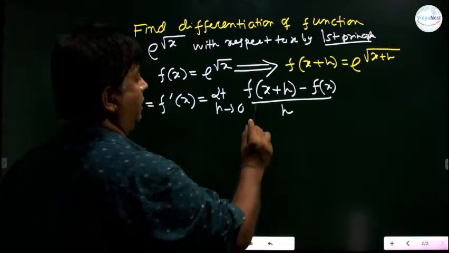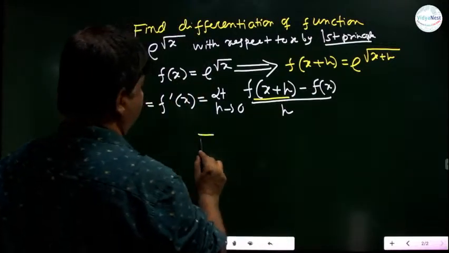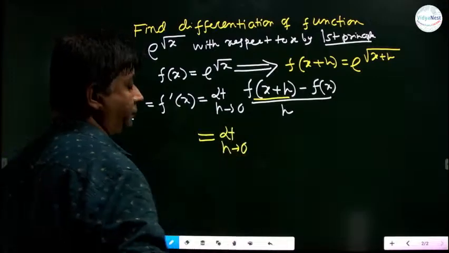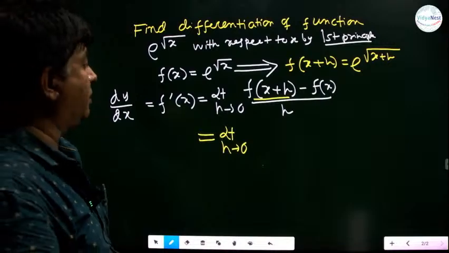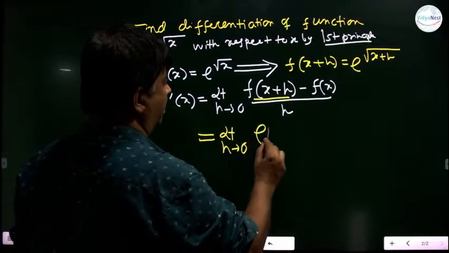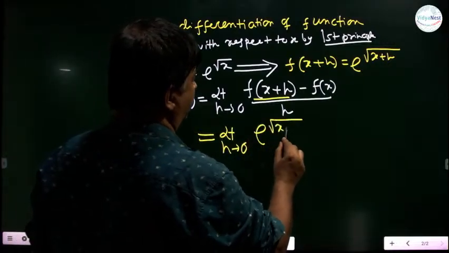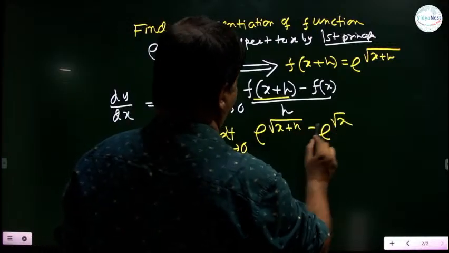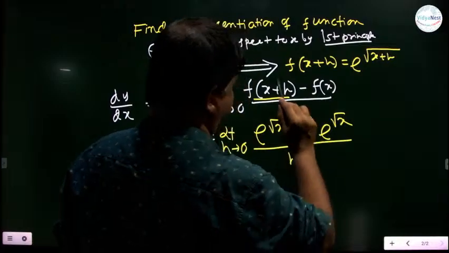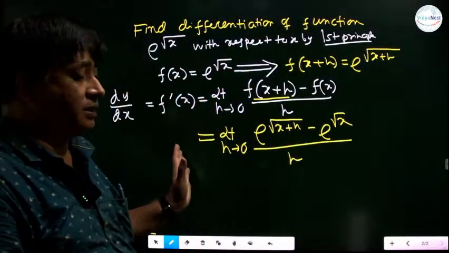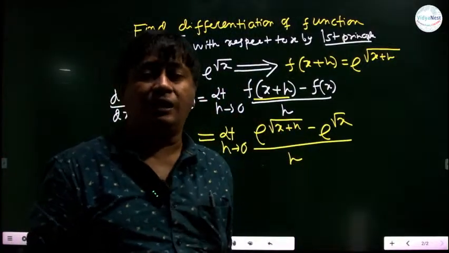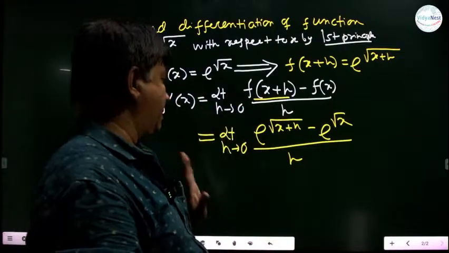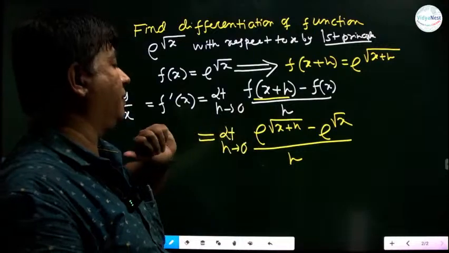So instead of this, you can write e to the power root of x plus h minus e to the power root x, by h. Once you get this, then there is no role of differentiation. Differentiation's role is over.